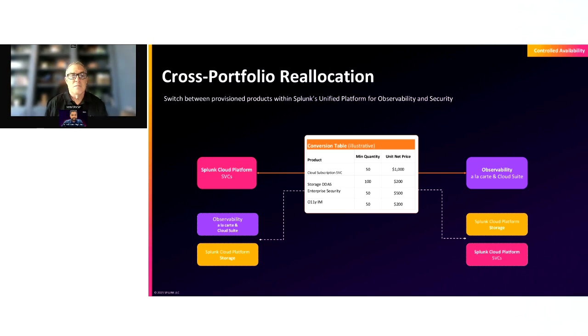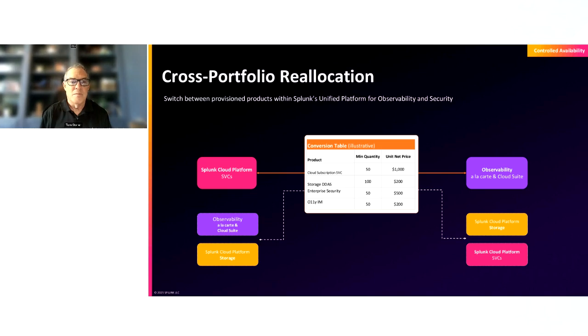So we allow you to do this twice a year, where you can say, hey, we need to pivot, we need to move dollars. We're able to do that with this cross-portfolio reallocation.